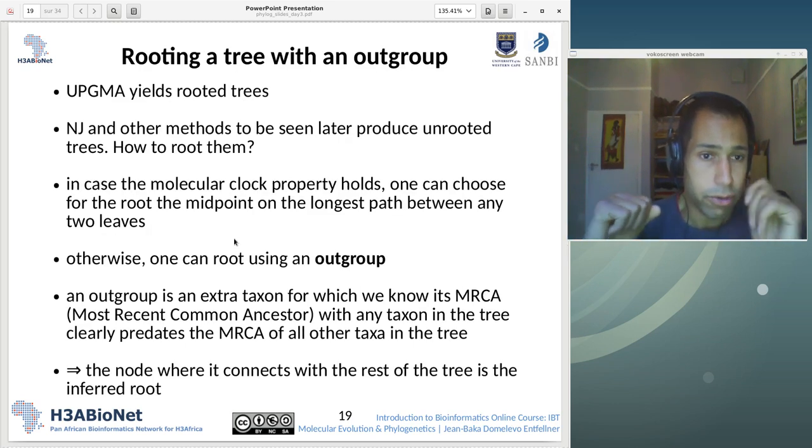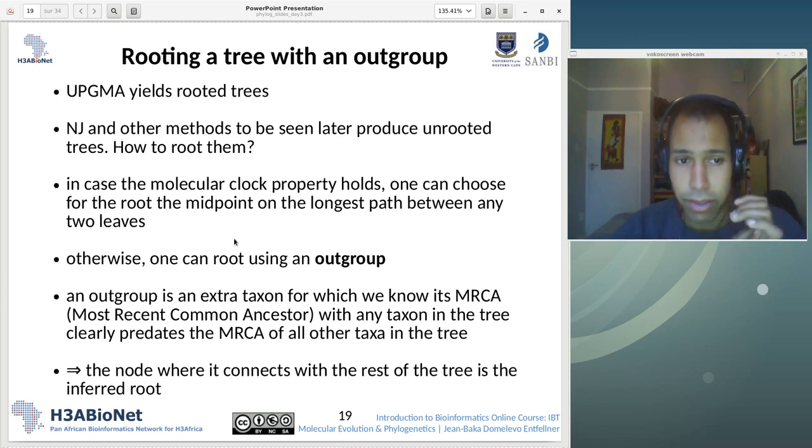Now, rooting the tree. UPGMA yields rooted trees. NJ and other methods that we'll see later produce unrooted trees. So now, placing a root is interesting because it gives an idea of how time flew through the branches of our phylogeny.